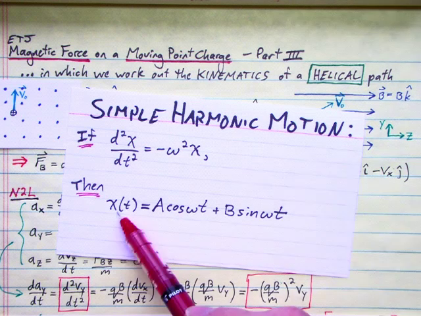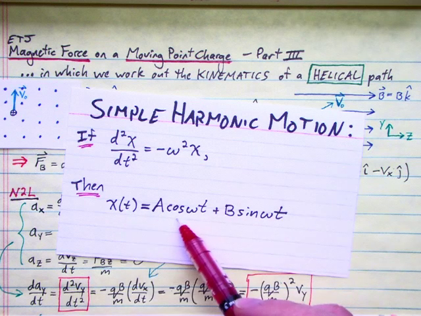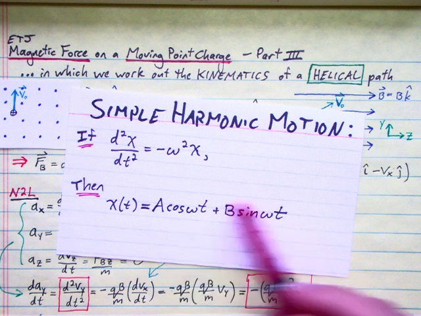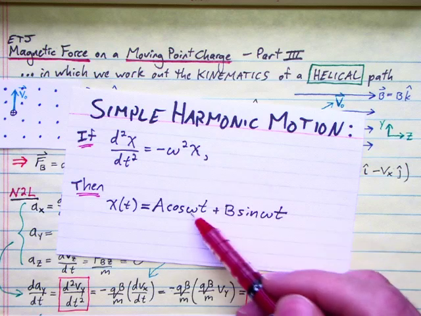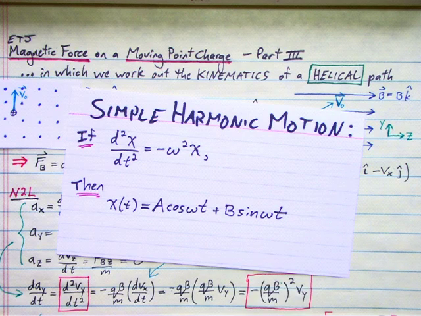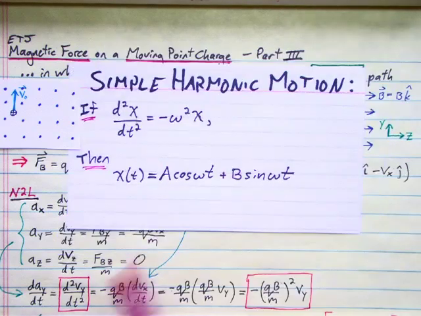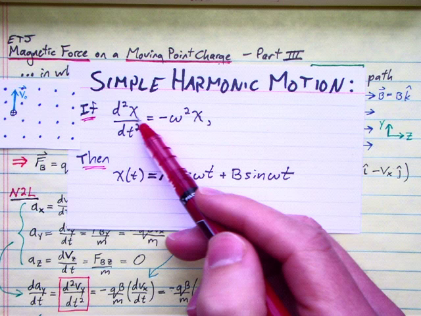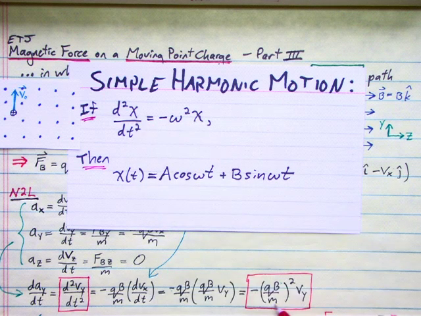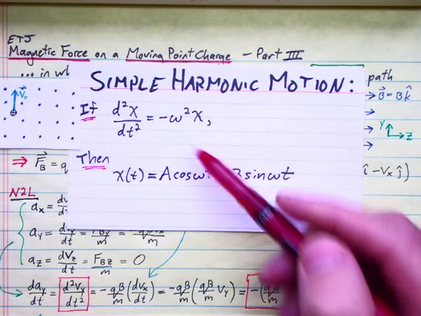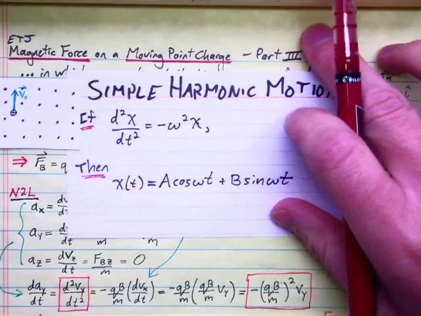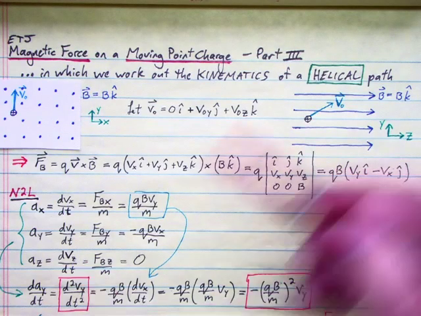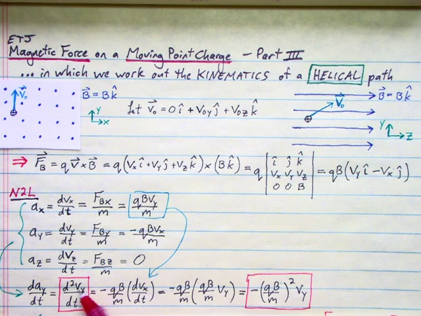It can be expressed in terms of sine and cosine functions like this, where that constant is related to the angular frequency of the oscillation. So we're seeing here that Vy is like our x, and this here, qB over m, that's our omega. So Vy is going to be a harmonic function of time. So Vy can be expressed in terms of sine or cosine functions.